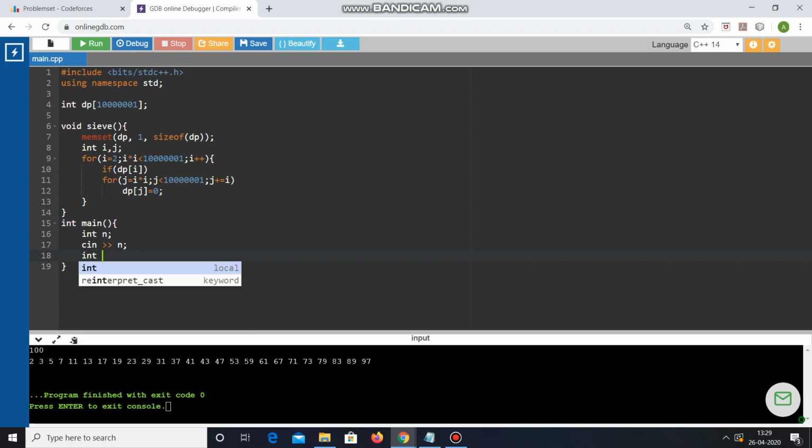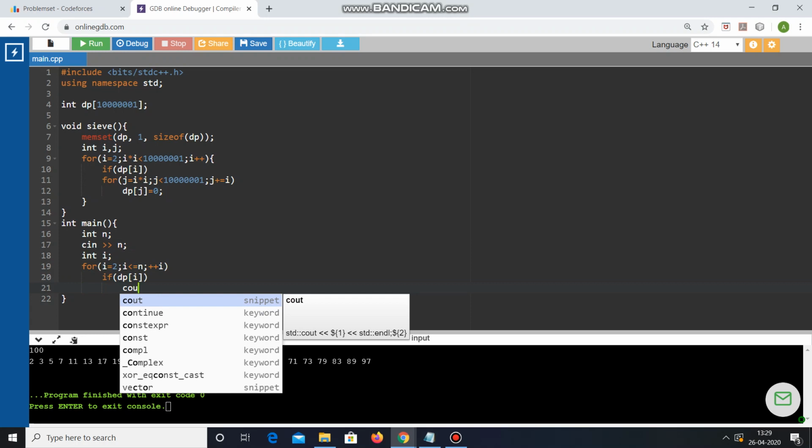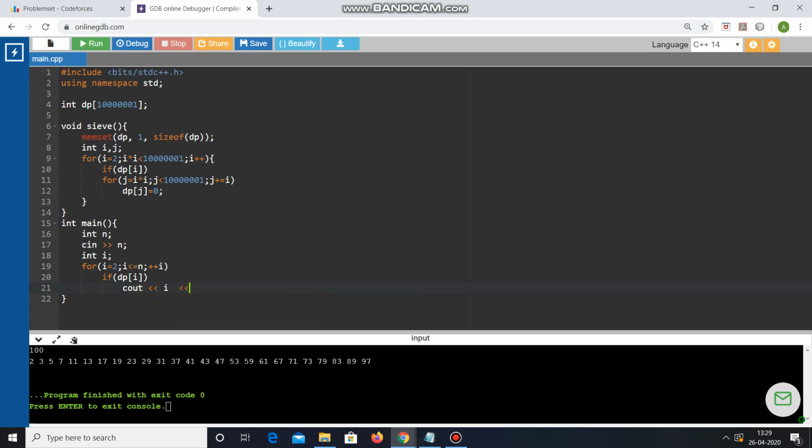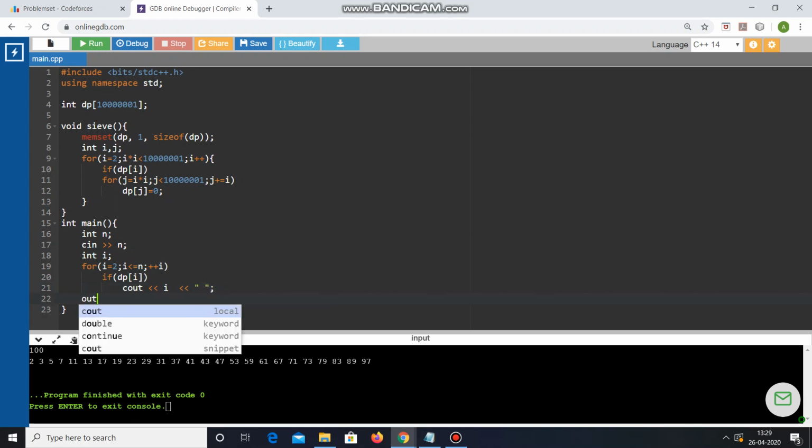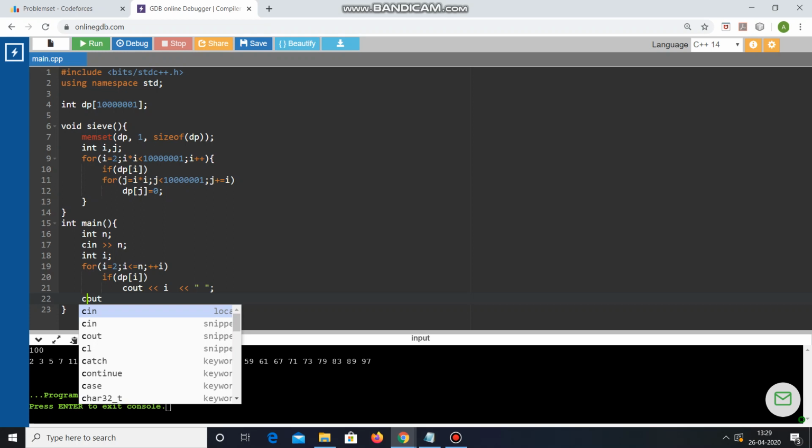Now, in int main, int n, for i equal to 2, i less than or equal to n, i plus plus. If dp of i, cout i, then endl.